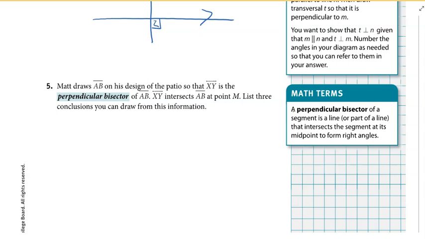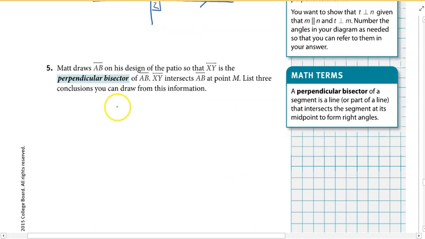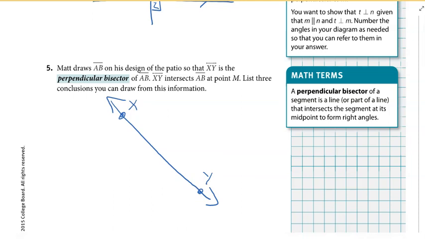So I'm just going to draw a little diagram here. Let's say that we have line XY. If XY is the perpendicular bisector of AB, that means I would need to draw a segment that is perpendicular to and bisects AB.